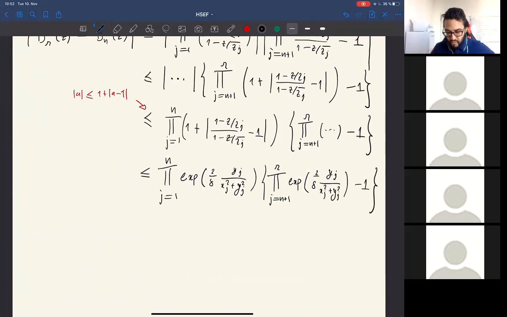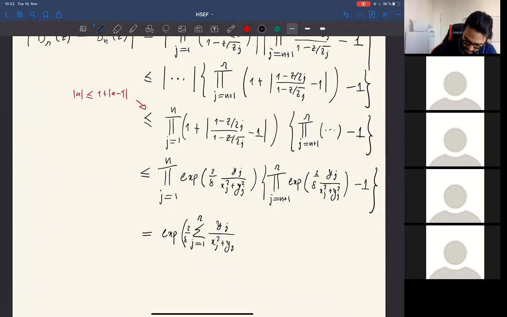And then when I take the products, I will have exactly just the exponential, and then this will be a sum from j equals 1 to r. There's a 2 over delta here, and then a yj, then minus.